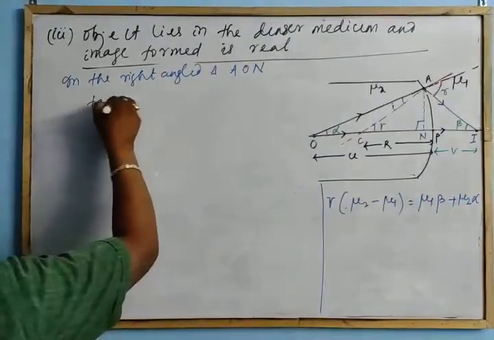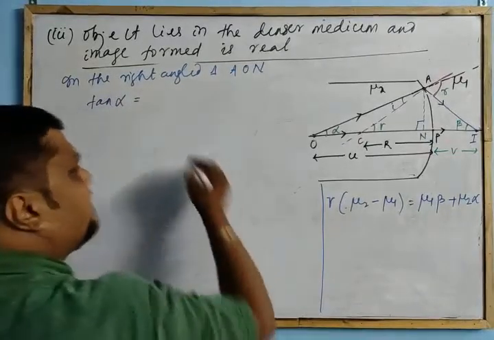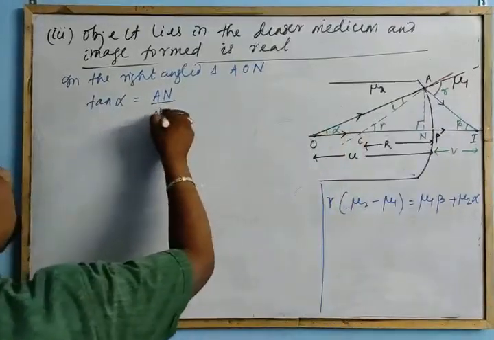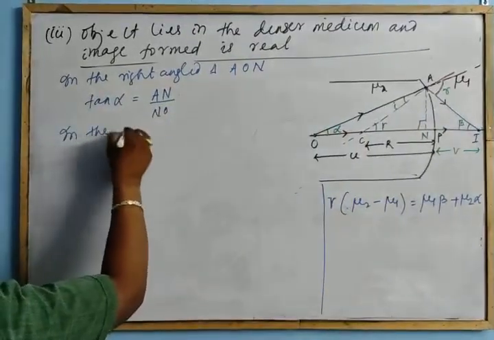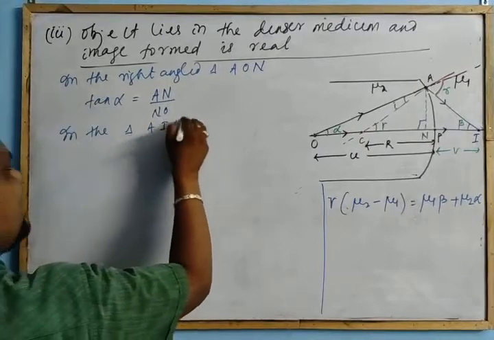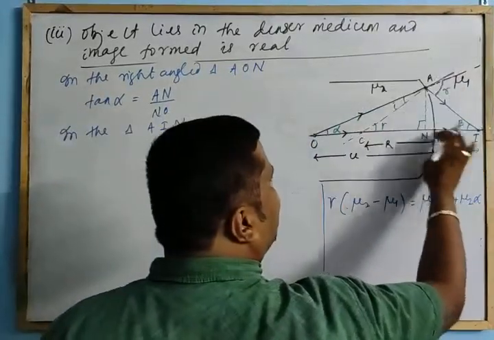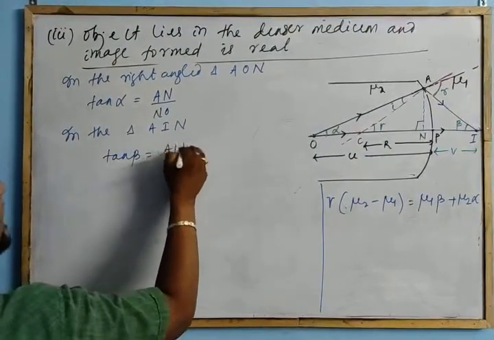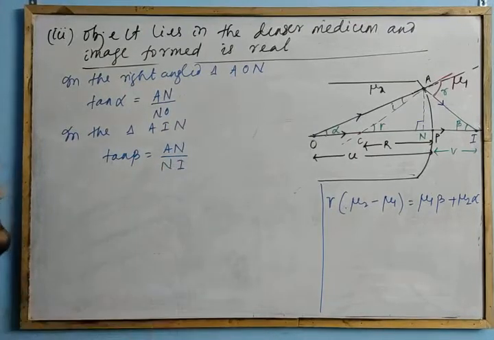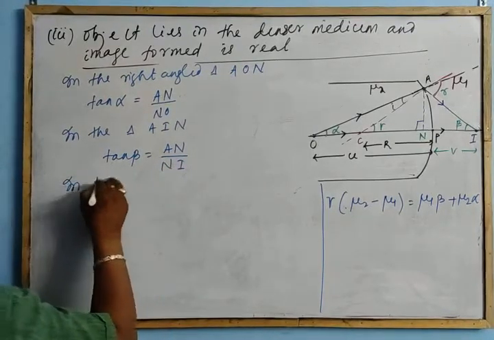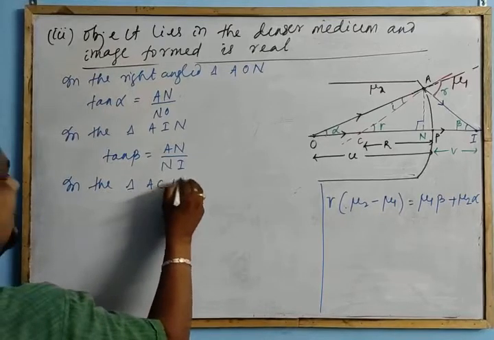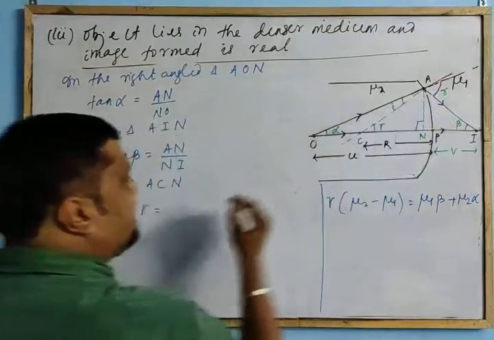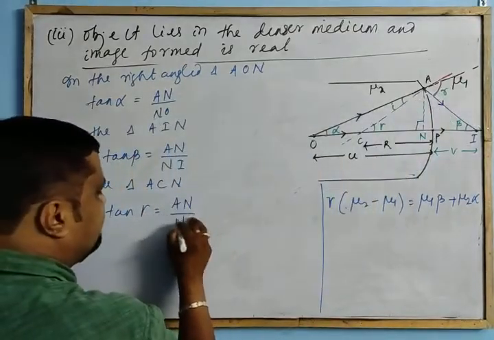Tan alpha is equal to AN by NO. In the triangle AIN, tan beta is equal to AN by NI. In the triangle ACN, tan gamma. See the red diagram, tan gamma is AN by NC.